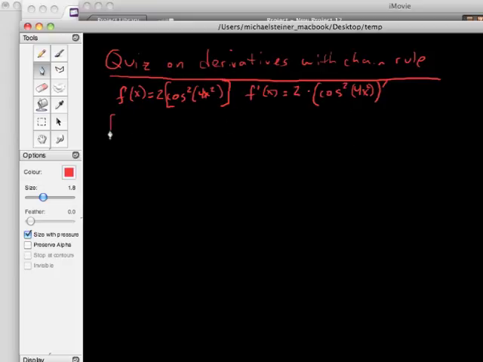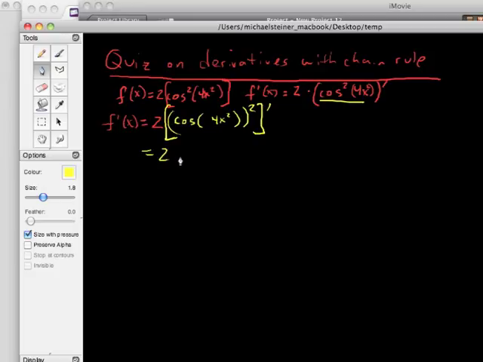So I'm going to do f prime of x is equal to, well, it's 2 times the derivative of this. And I'm going to rewrite this as cosine of 4x squared, to the square. Okay, and we're taking the derivative of that, right? Well, this is just the power rule first.